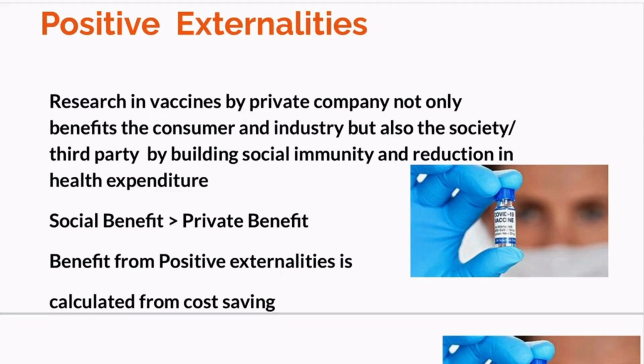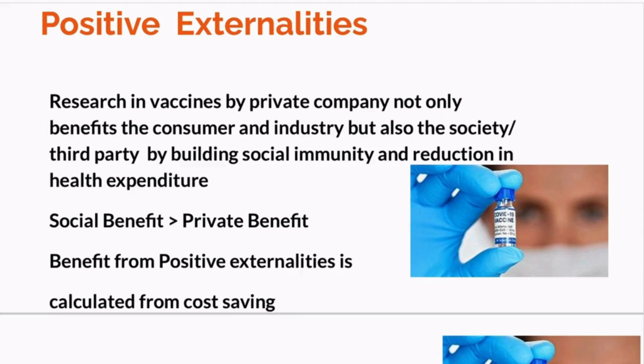Or in other words, if left to the market forces, only a small number of people would be benefited by vaccination, because they would be the ones affording those vaccines, right?